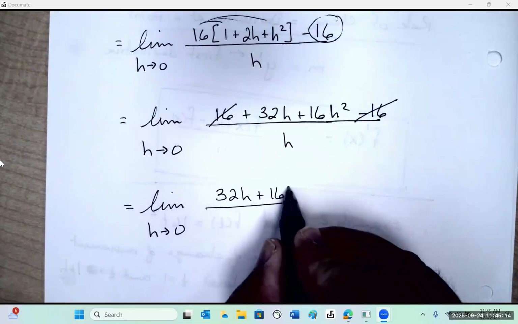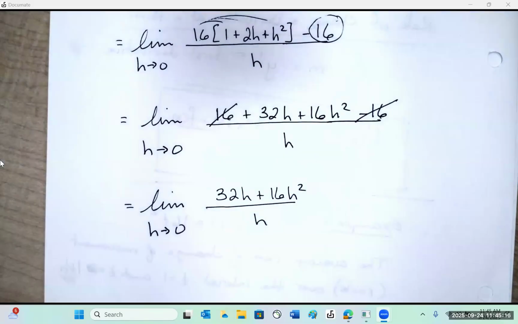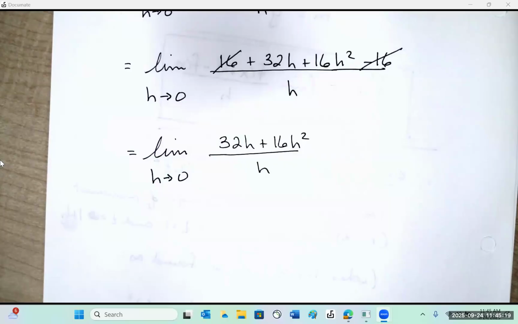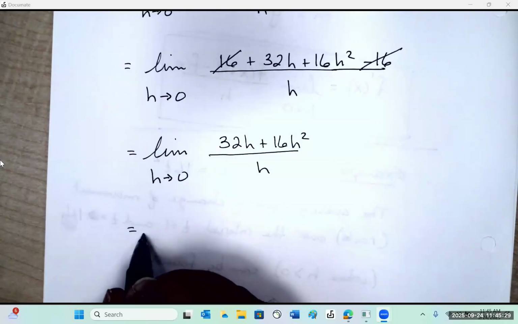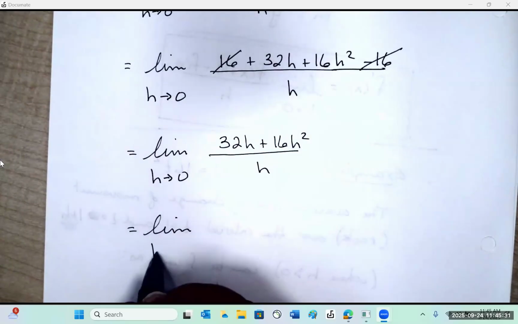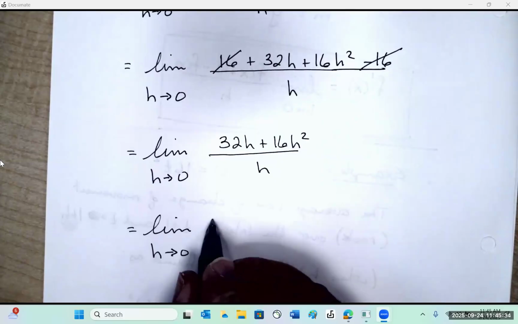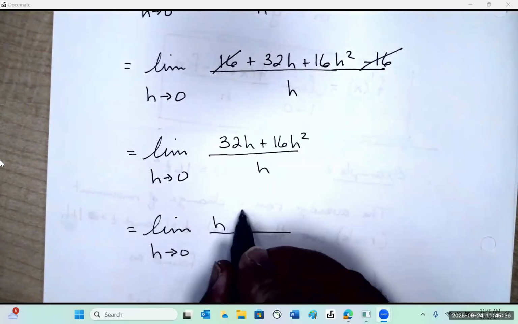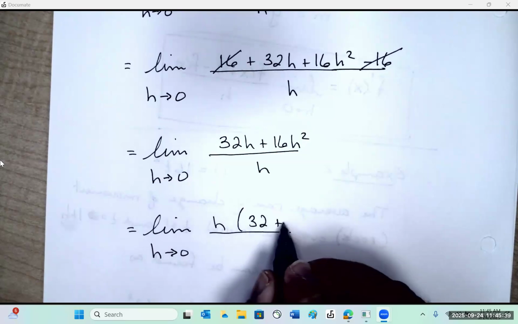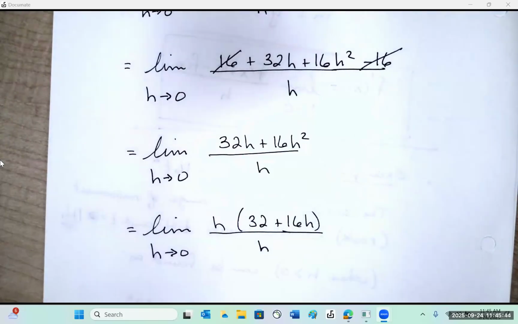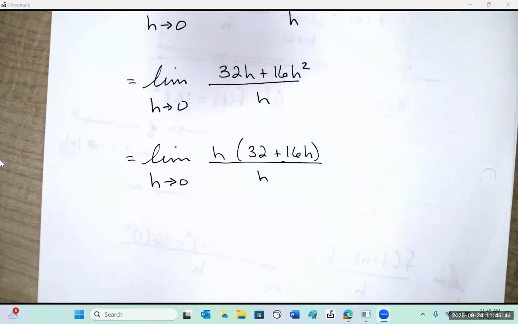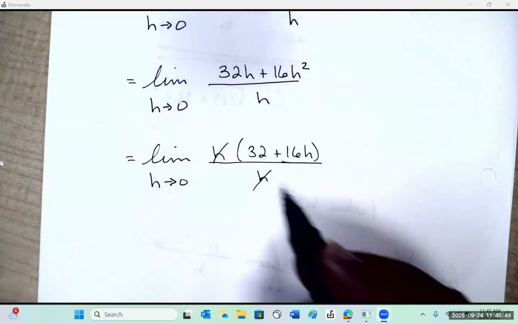(32h plus 16h squared) over h. We can factor out an h on the numerator. So we have h(32 plus 16h) over h. The h's cancel.